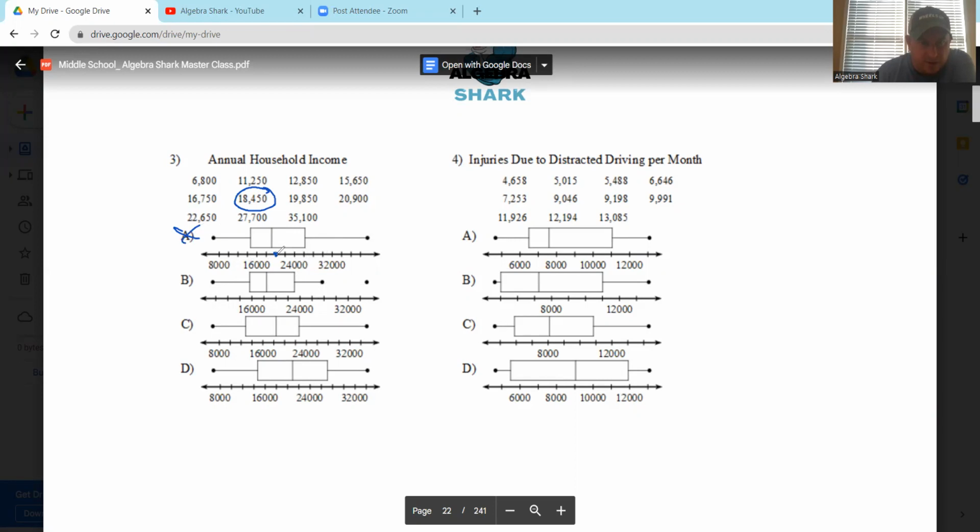So if 18,000 is right here, our median line's to the left of it. So that can't work. C might work. What about D? D's way too far over, right?